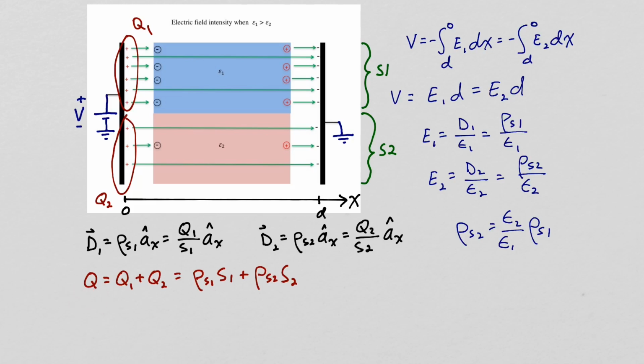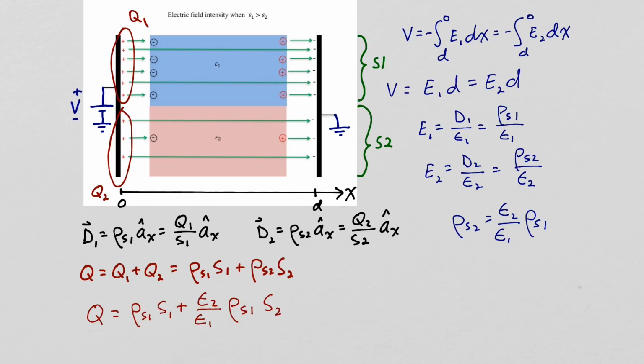Now that we have Q based on rho sub S1, let's obtain the voltage based on rho sub S1 so that we can divide our charge by our potential and get the capacitance of our structure. So let's substitute this term right here for our electric field intensity in material 1.